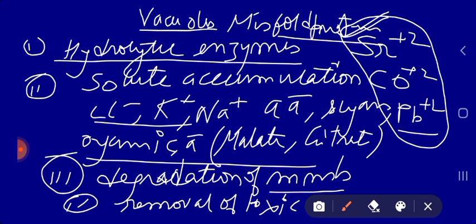Vacuoles help in lysis of those misfolded proteins. They have hydrolytic enzymes and that acidic pH, an ideal environment to cause degradation of this type of misfolded protein, and this is the function of vacuoles.